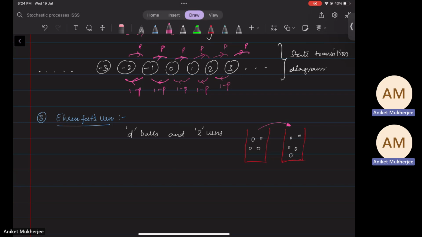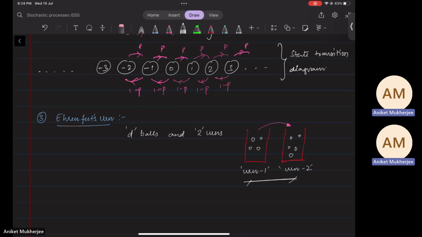Suppose the ball is in urn 1, you shift it to urn 2. Suppose the ball is in urn 2, you shift it to urn 1. So let me call this urn 1 and urn 2. Okay. And then you keep on continuing this. At each step you randomly choose a ball and move it around.